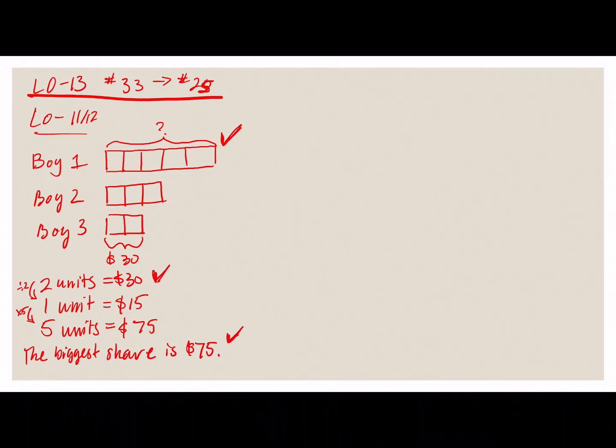Now we're going to translate this to the learning outcome 13 way. Now, learning outcome 13 way is replacing the unit with a variable. Okay. Now we can use a couple of different ways, but usually we go for a unit or the thing that we're looking for.